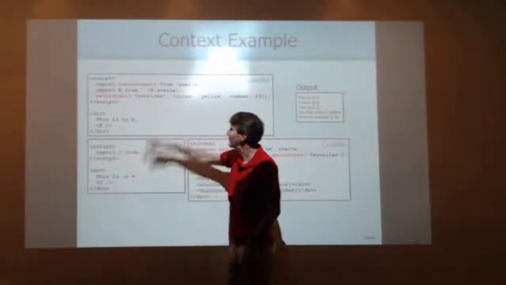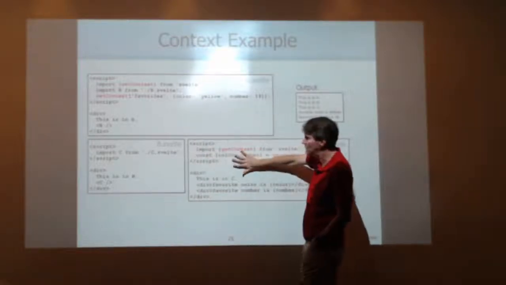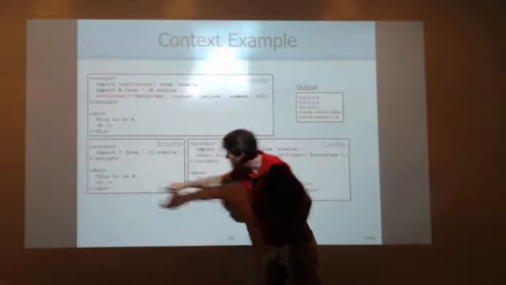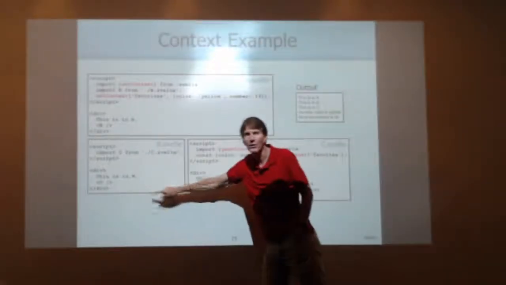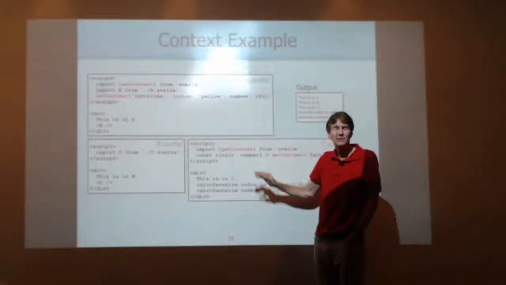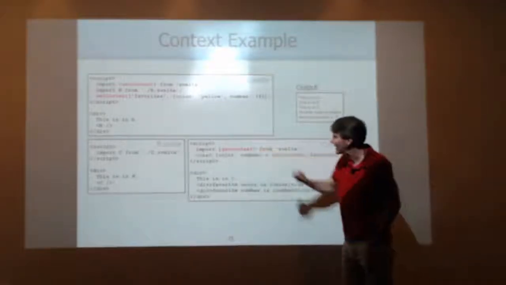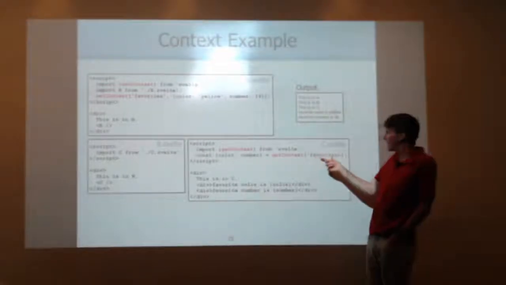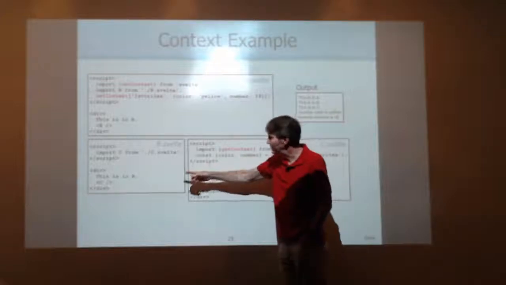The B component doesn't care about favorites. It's just importing C, which is this component, and it renders out "this is in B," which is this line right here. And then I render a C component. The C component, two levels down, is the one that cares about that context. And so I'm going to pull in getContext, and I'm going to see if I can find a thing called favorites. So it's going to look in its parent B. It's not there.